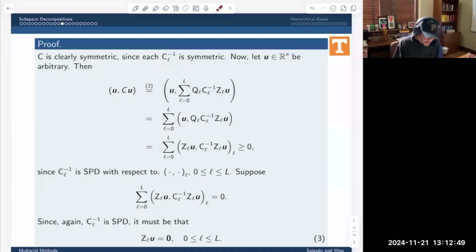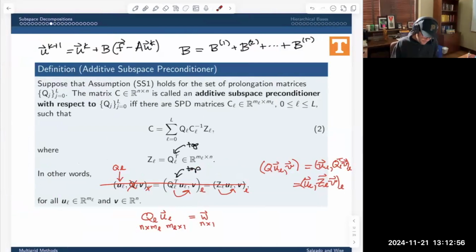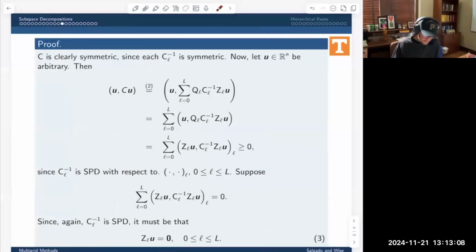So if you remember how C was defined in terms of these C inverse matrices, going back to the definition, this whole thing is a symmetric matrix on account of the fact that I'm using Q_L and Q_L transpose on either side of these individual summands. So this means that C, by definition, has to be a symmetric matrix. Now, let's let U be an arbitrary vector in R^n.